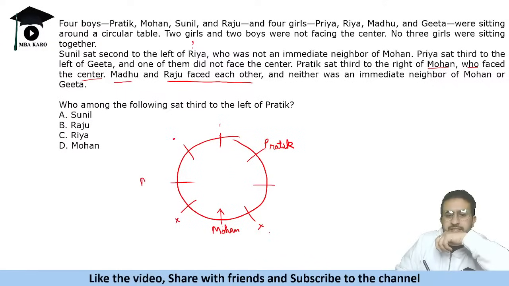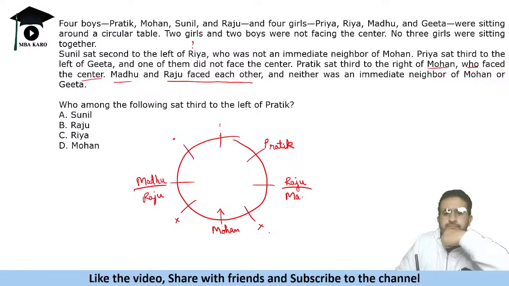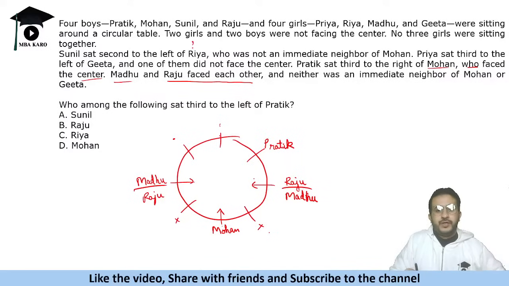So that means these two will be Madhu and Raju. They faced each other. Okay. Now Mohan and Pratik are done. Raju and Madhu are done.